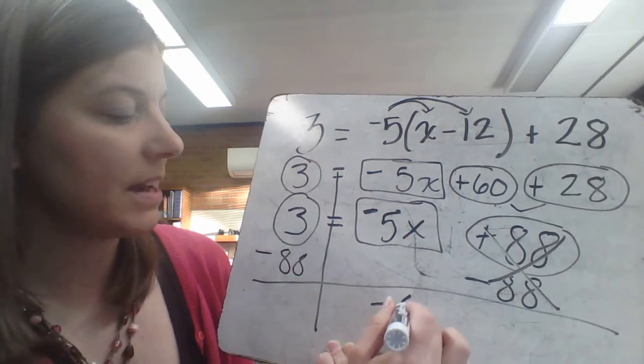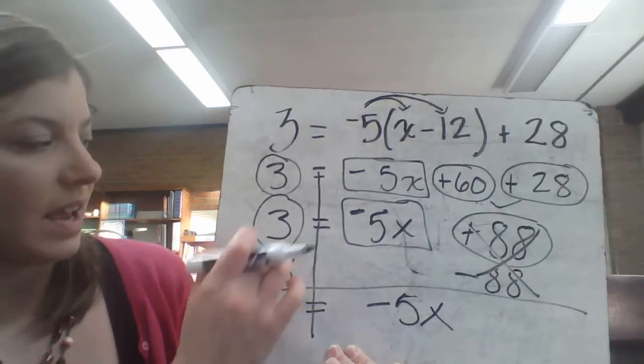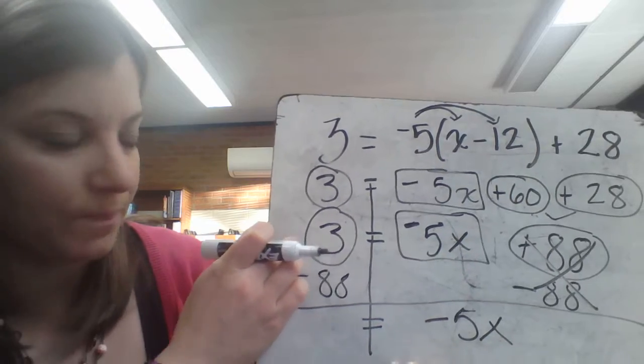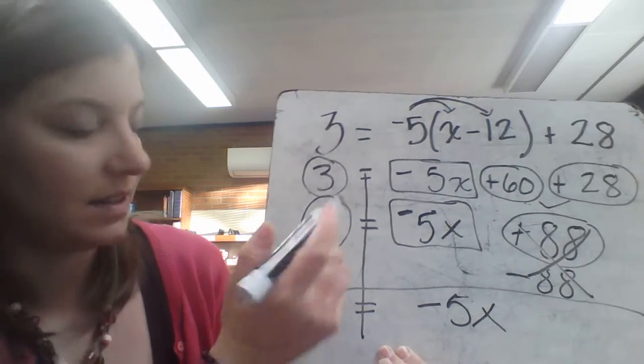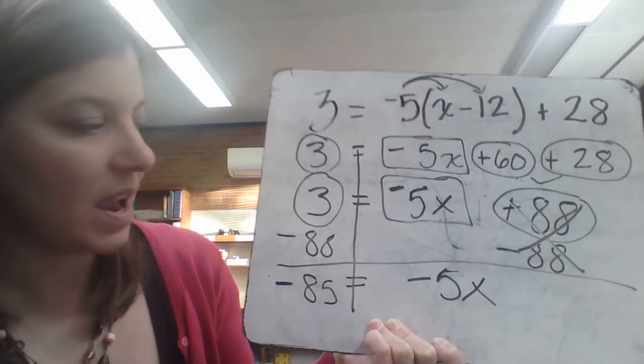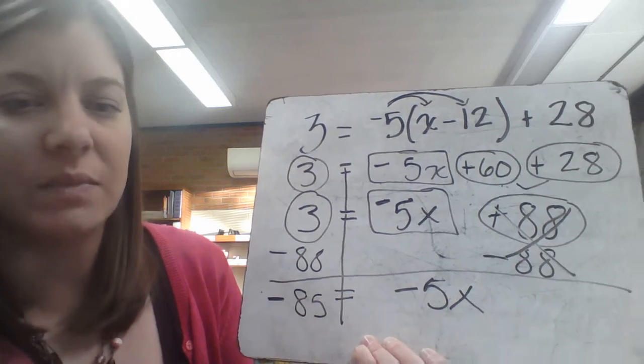I bring down my -5x. I bring down my equals. Okay, if you need to use a calculator, use a calculator. So it's 3 minus 88, and that's -85. Okay, so I have -85 equals -5 times a number.